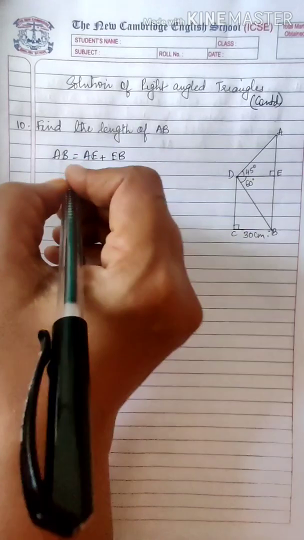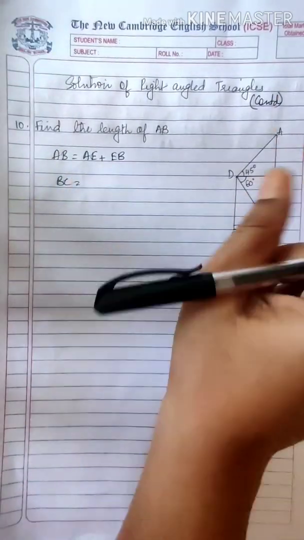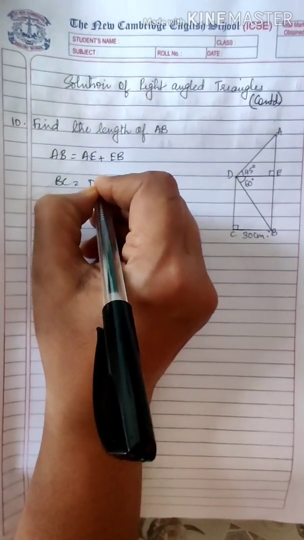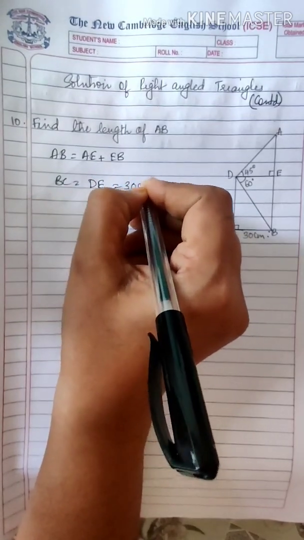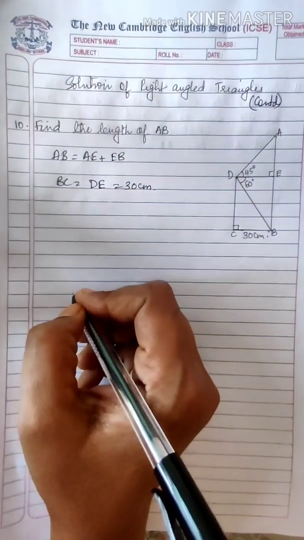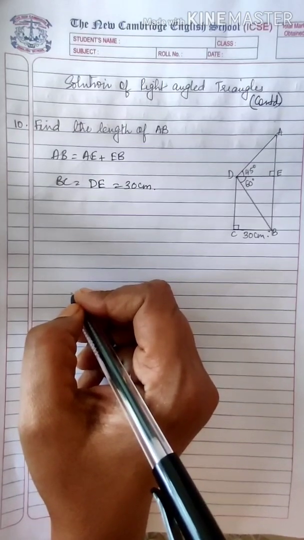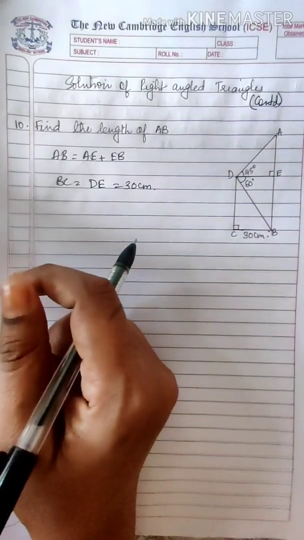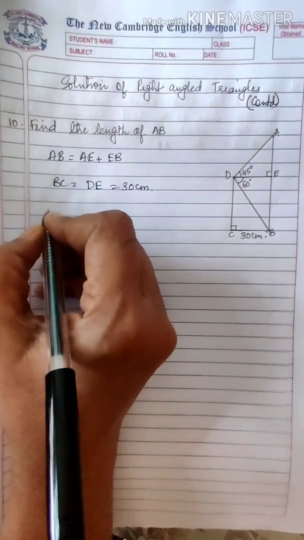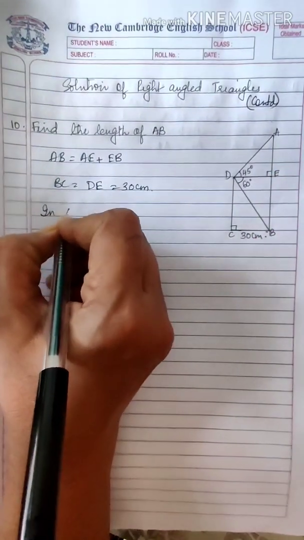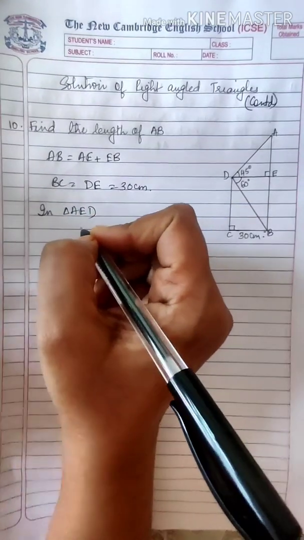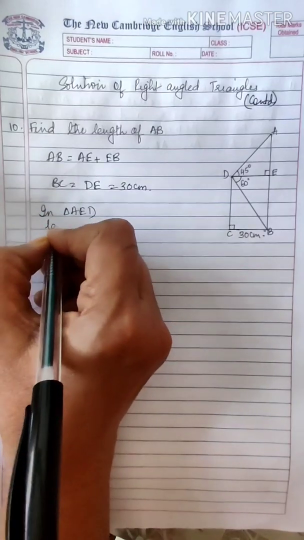So if BC is 30 centimeter, ED will also be equal to 30 centimeter, or you can say DE is also equal to 30 centimeter. Now, since we have to find AB, we have to find AE as well as EB. To find AE, we will consider the triangle AED. So in triangle AED, we will find tan 45.